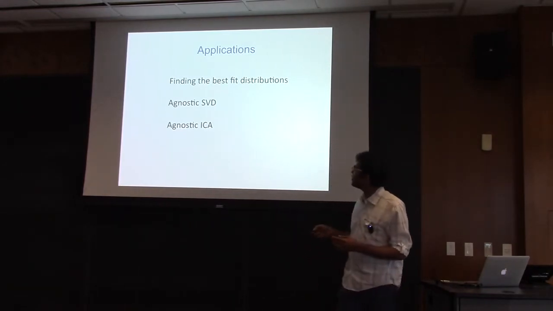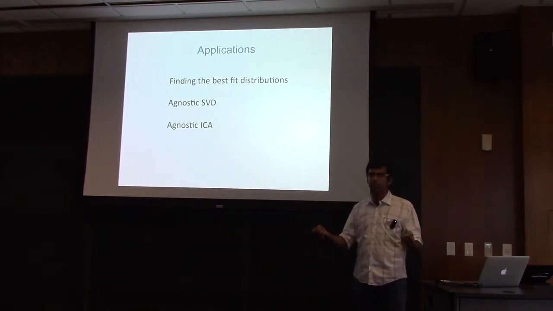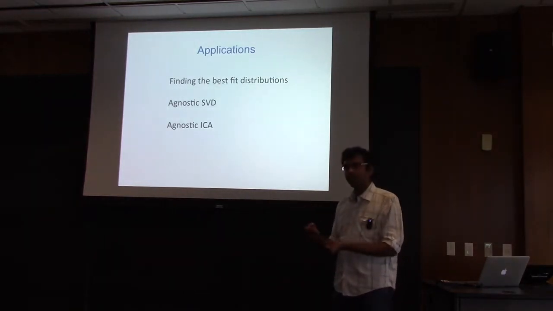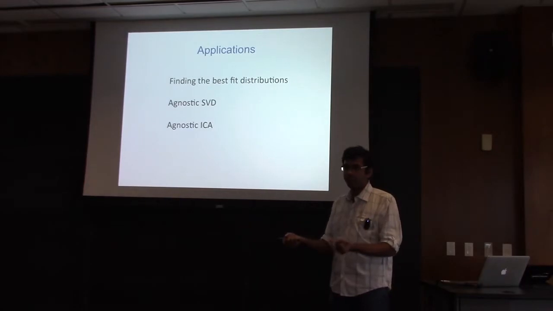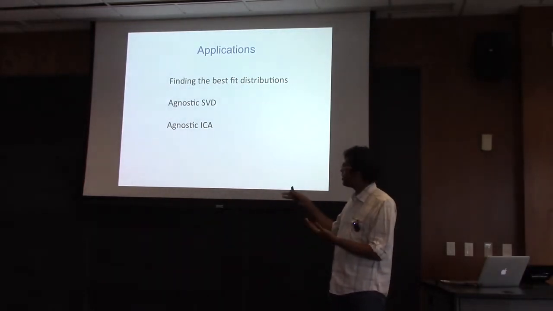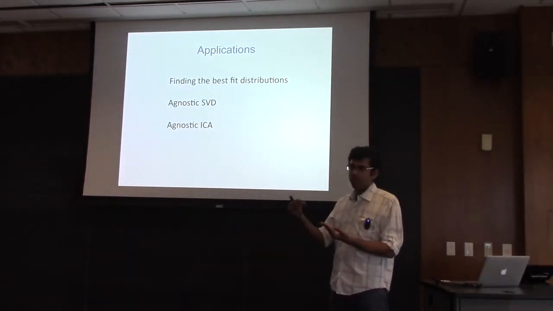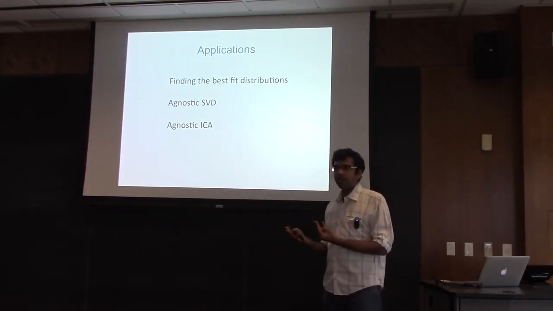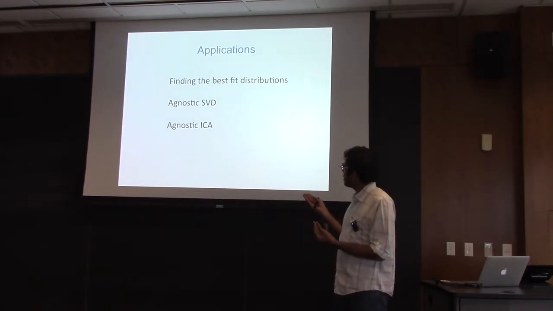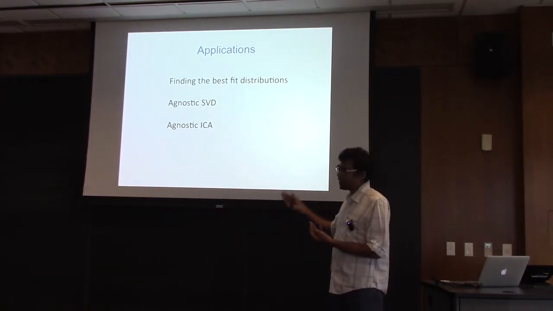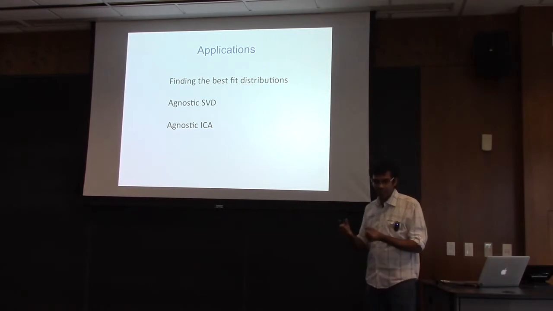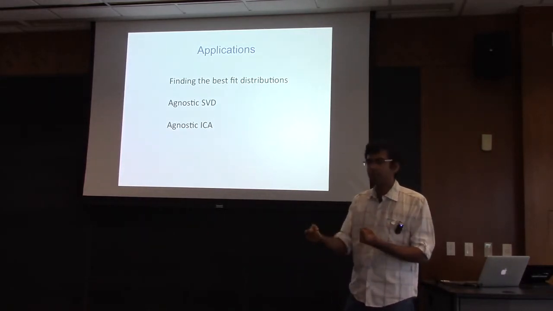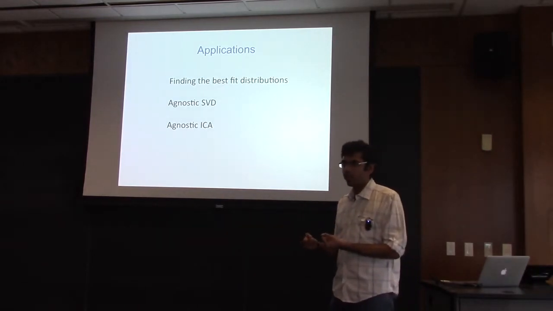As applications, if you have a class of distributions parameterized by mean and covariance, then you can think of it as finding the best fit distribution when the data is not actually coming from the distribution. And many other problems in machine learning, say ICA, independent component analysis, or SVD, rely on first computing the covariance matrix.